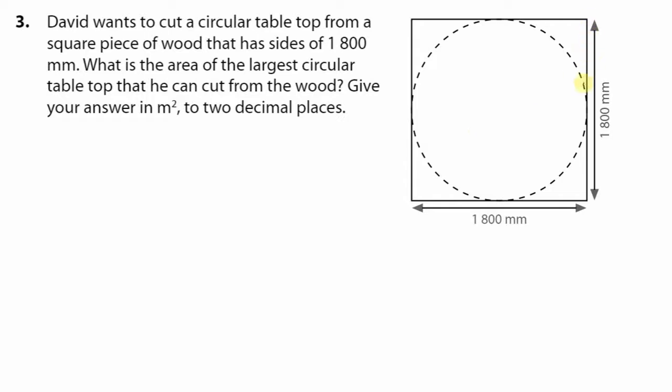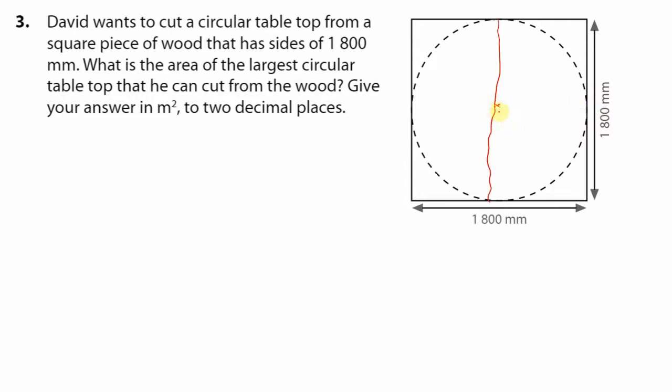The first thing that we should probably notice is, since this is a square piece of wood, that where the circle touches the square, that straight distance is in fact equal to 1,800 millimeter.